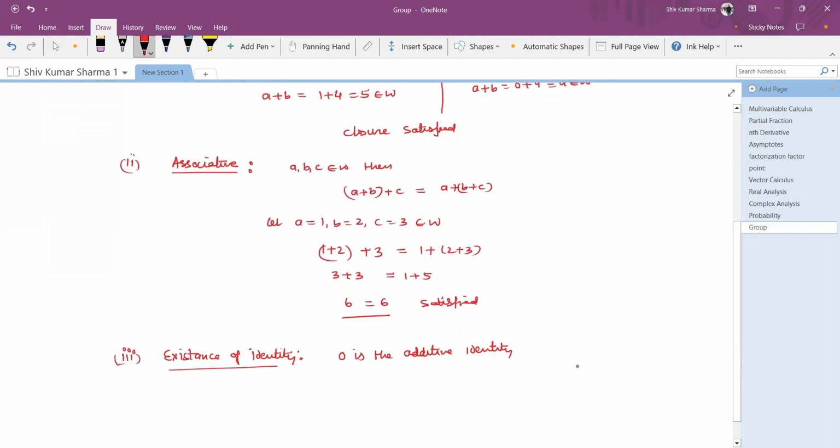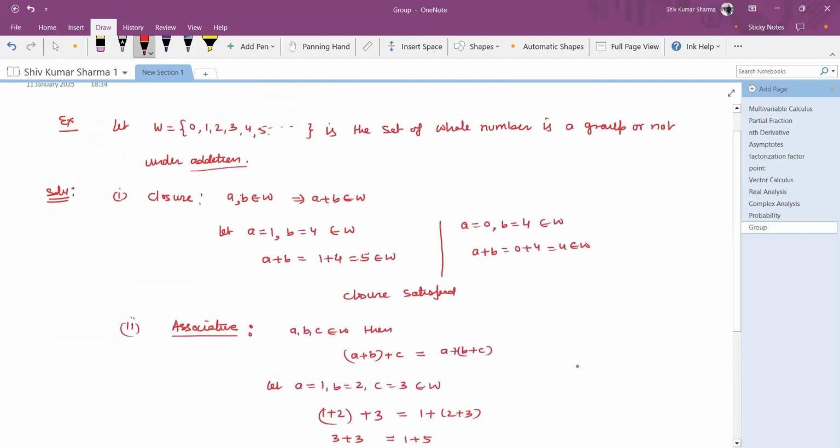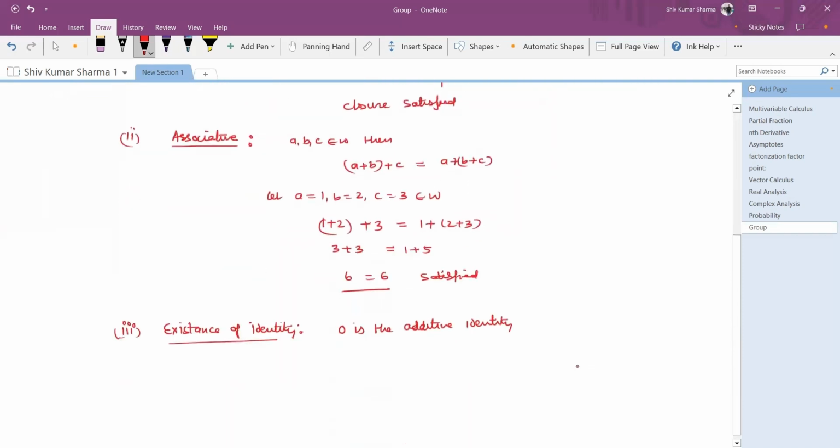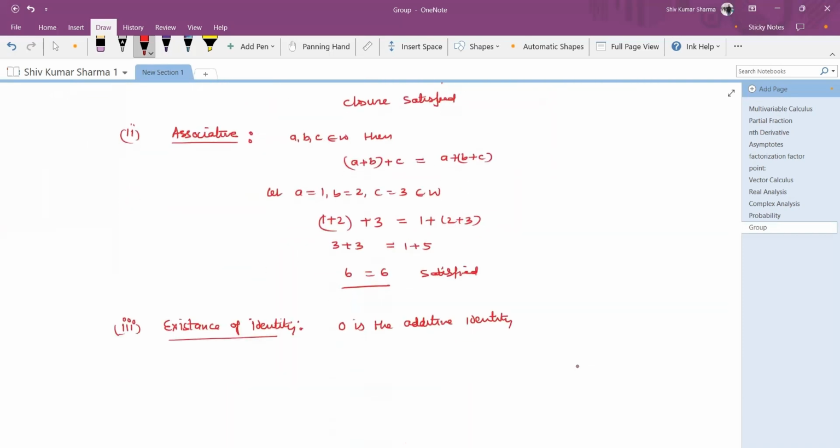Here we see whether 0 belongs to W or not. Yes, 0 belongs to W. The whole numbers contain 0. So identity exists. Now we have the property a plus e is equal to e plus a is equal to a, so e works as an identity. We can take any value of a.